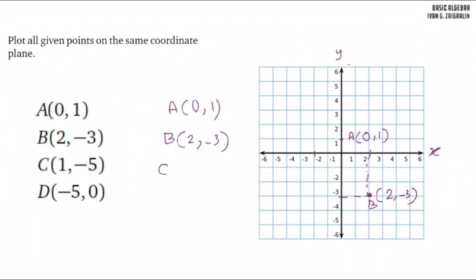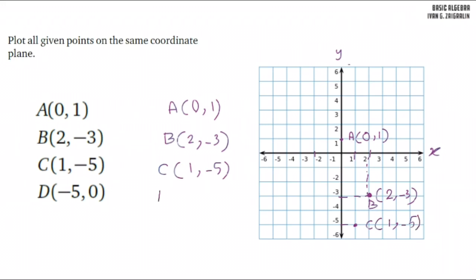For point C, x coordinate 1 and y coordinate -5. So we find 1 on the x-axis and -5 on the y-axis, and this is C. 1, -5.